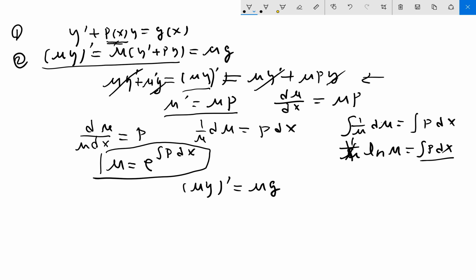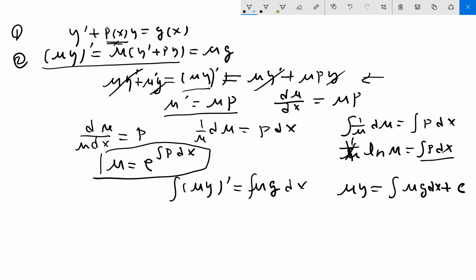Now we're able to solve it, right? We integrate on both sides, like you do this, dx. So left-hand side, antiderivative cancel with the derivative, simply give you mu times y equal to integral mu times g dx plus c.